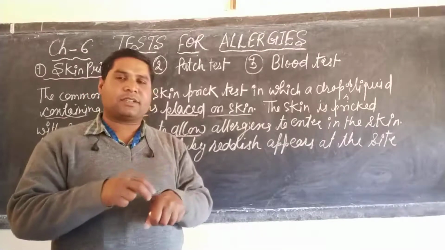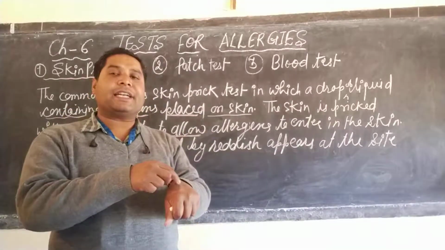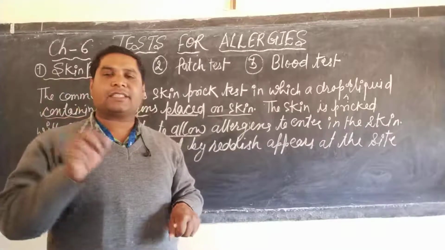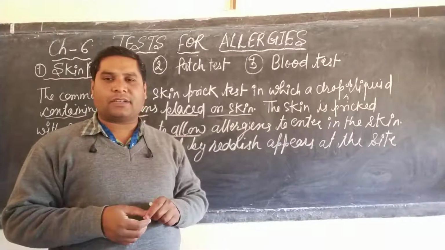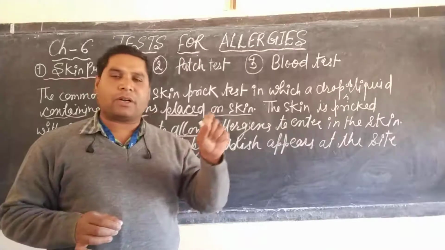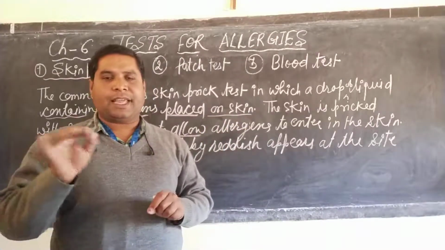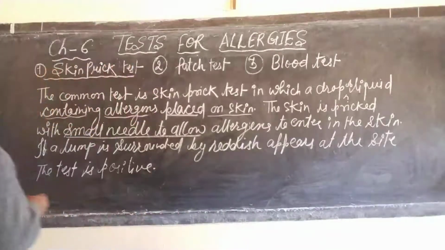And if the person is allergic, redness appears at that particular site. By this test we can know that the particular person is allergic to a particular substance, dear students. Next I am going to explain you about patch test.